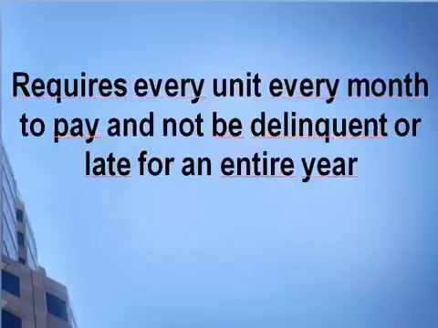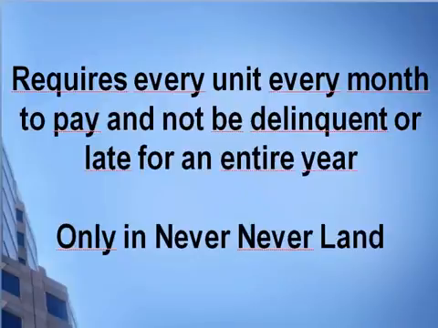Now, what this requires is that every unit, every month, has to pay their rent and not be delinquent or late for an entire year. Think about that for a second. Under what circumstances will that happen? Only in one place. Never, never land. It doesn't happen in any other type of property.